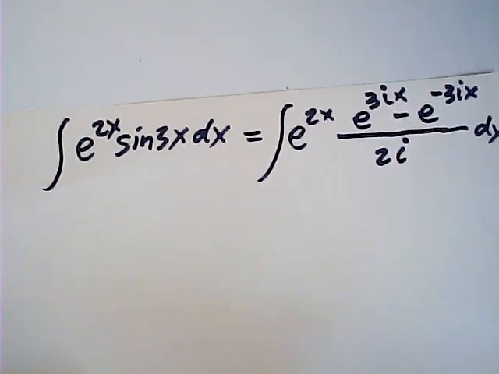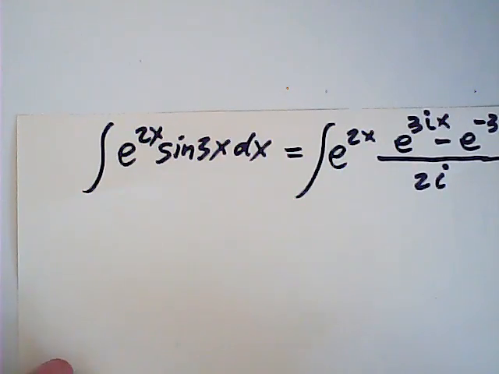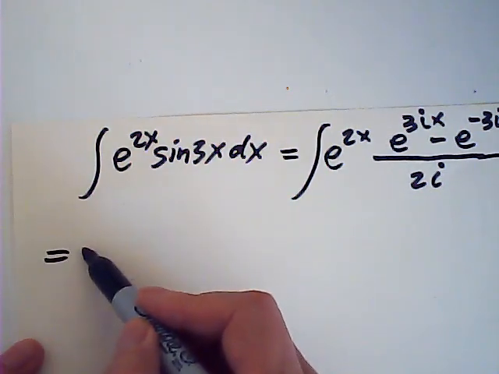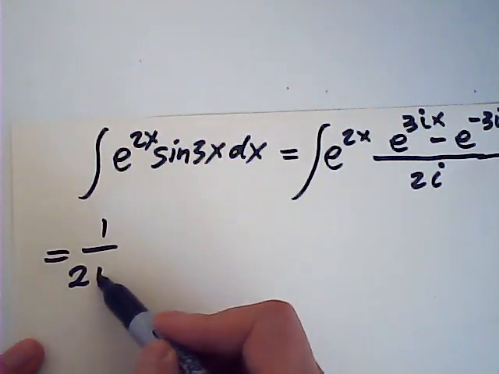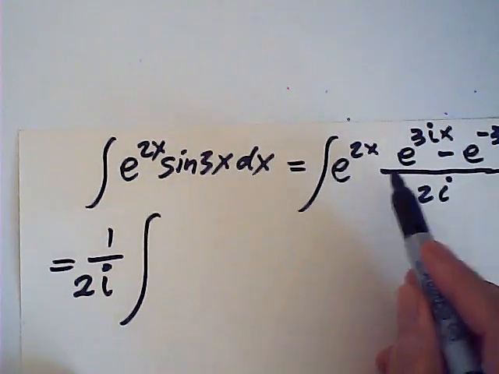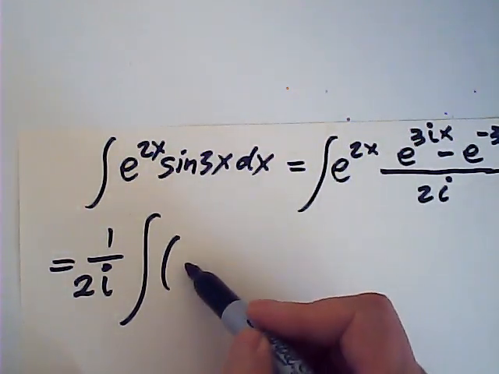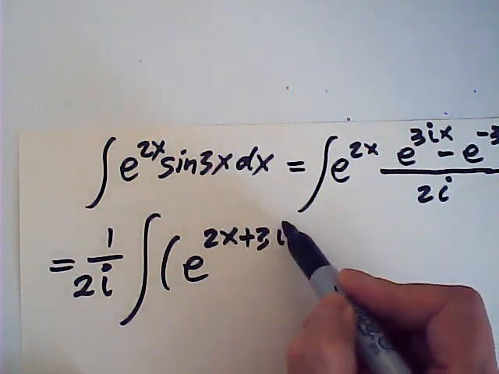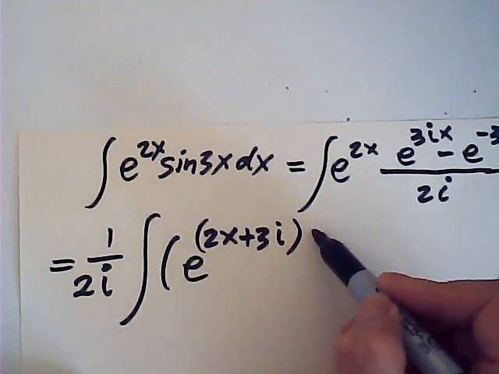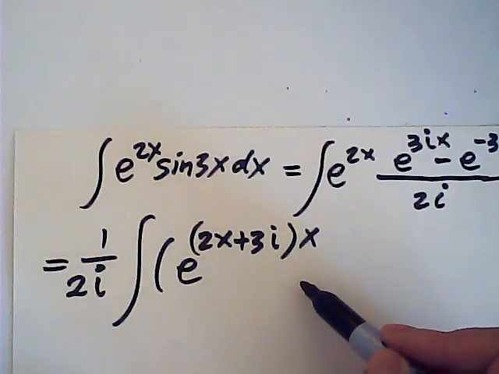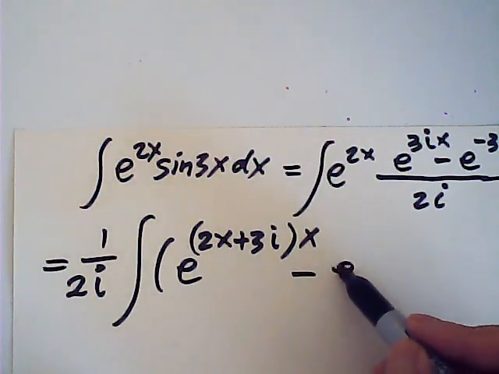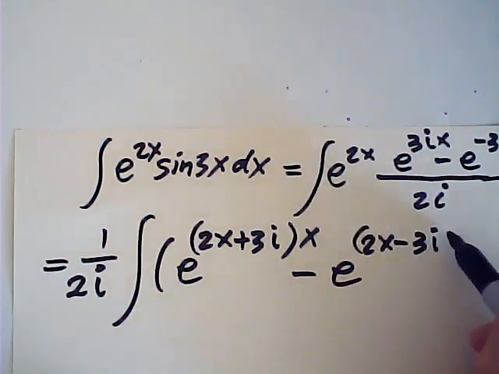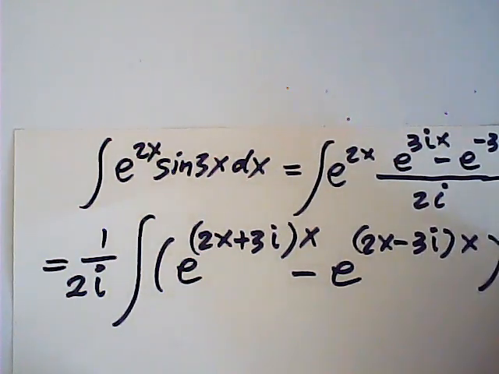Okay, good. Then this one is equal to, 2i is taken out, and this would become e to the 2x plus 3ix minus e to the 2x minus 3ix dx.